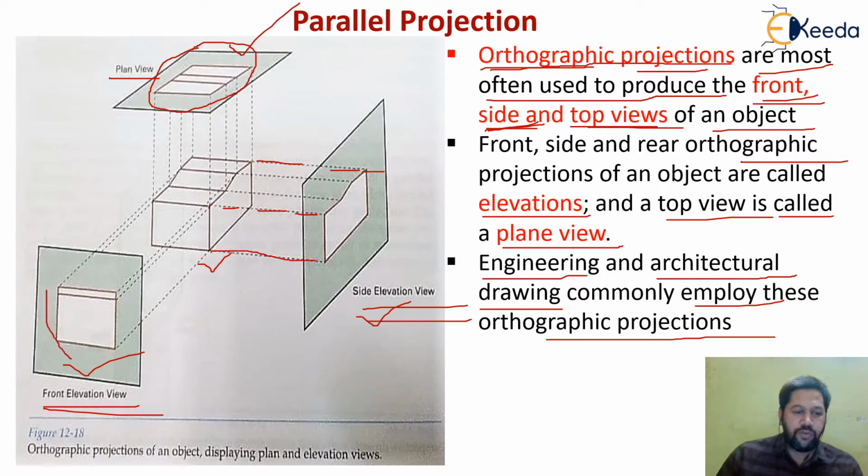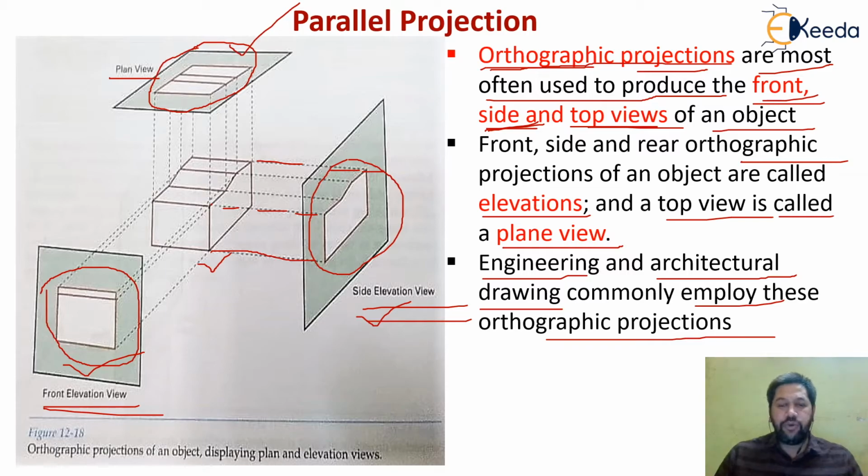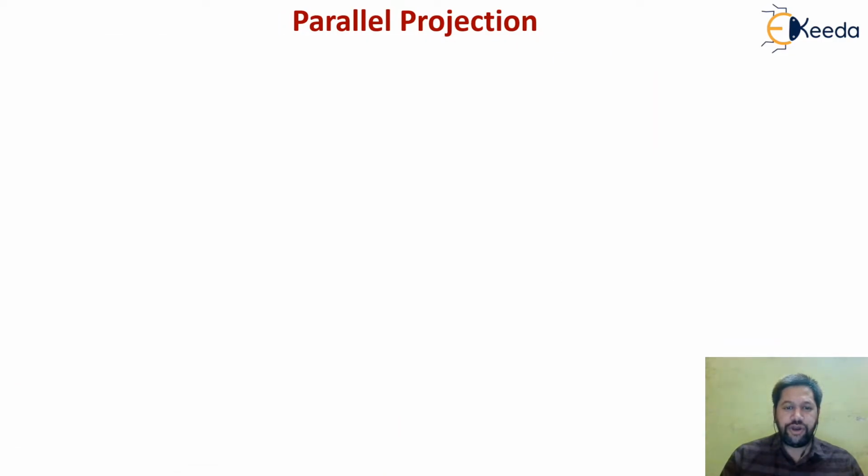This is considered to be the front view of my 3D object, and this is going to be the side view of the object. This is what is called the orthographic projection, which is a part of my parallel projection method. So we continue our discussion of the parallel projection in detail.